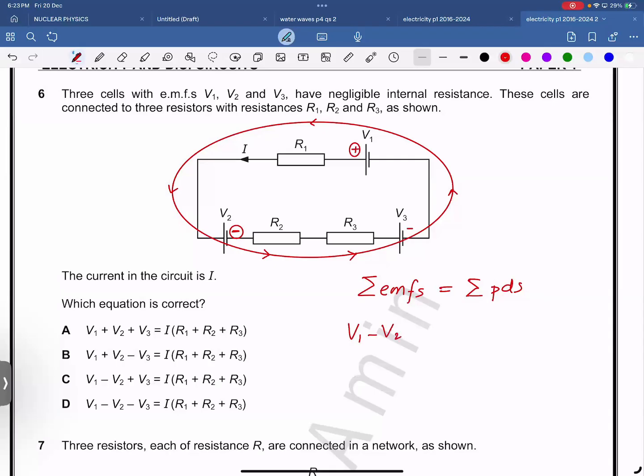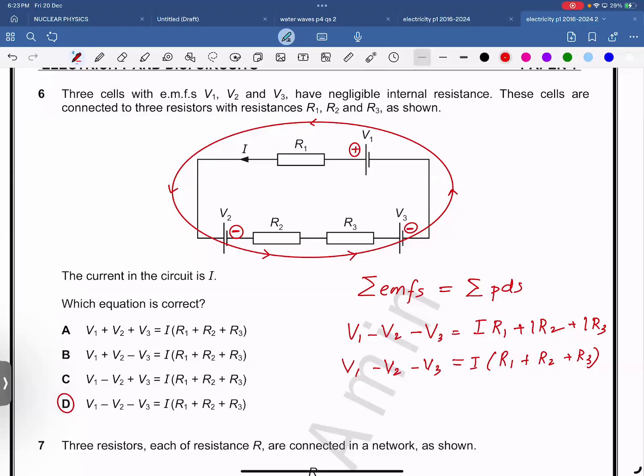This is also leaving the negative terminal, so minus V3 is equal to I R1, I R2, I R3. So you factorize: I times (R1 plus R2 plus R3). The correct option is D, my dear students.